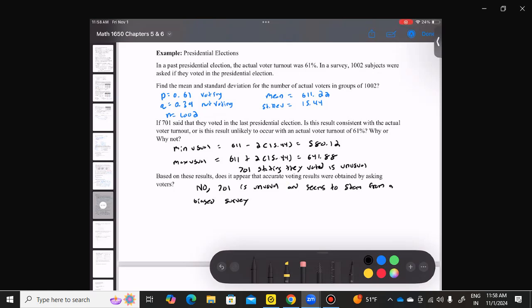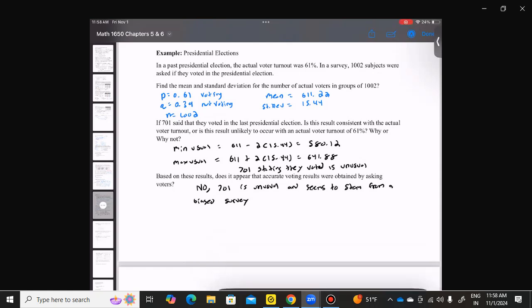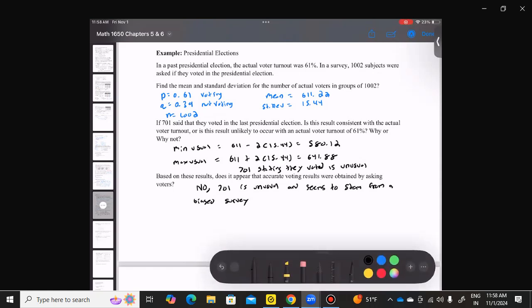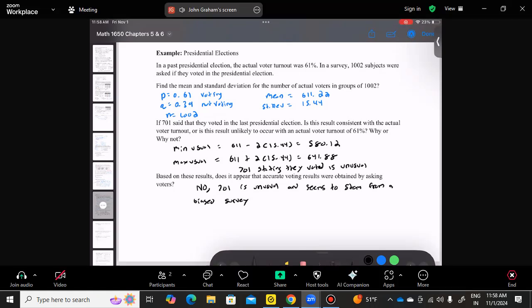Now, bias doesn't necessarily mean bad. It could be that they went to a place, maybe a political science course, where a lot of people vote, and so they got more people involved that do vote for whatever reason. Or could it be just people lied? That could be another reason.